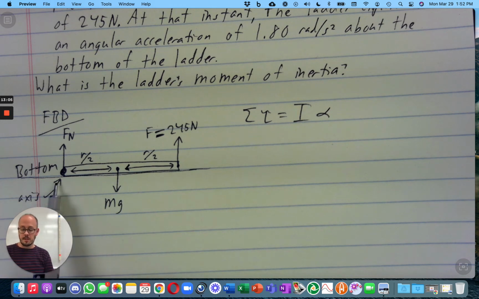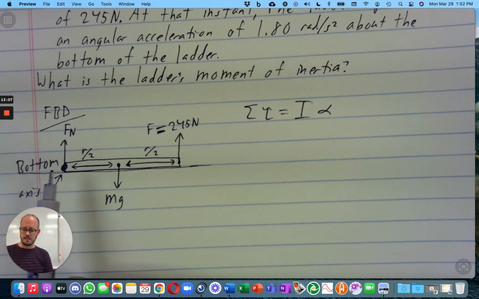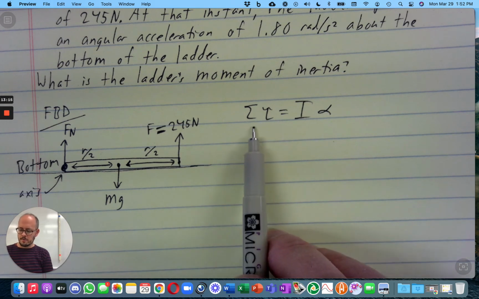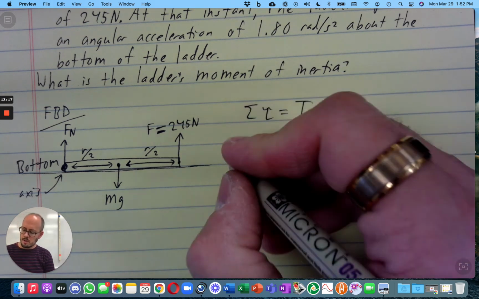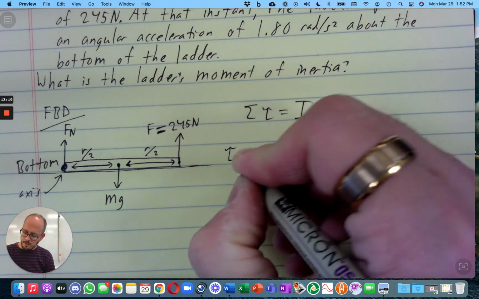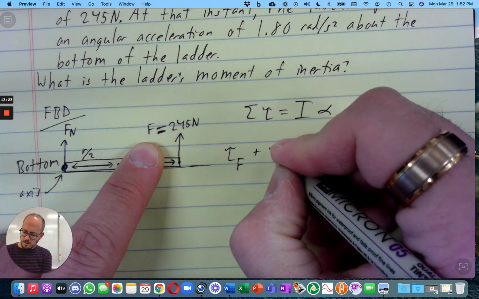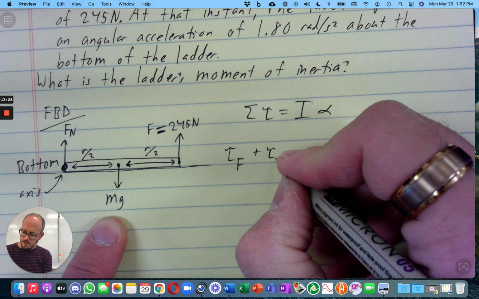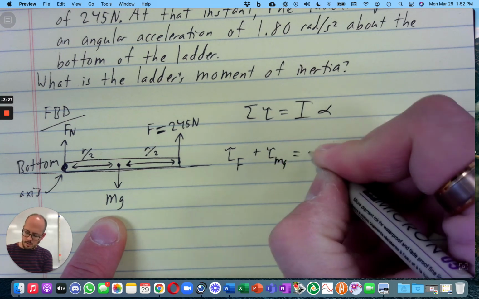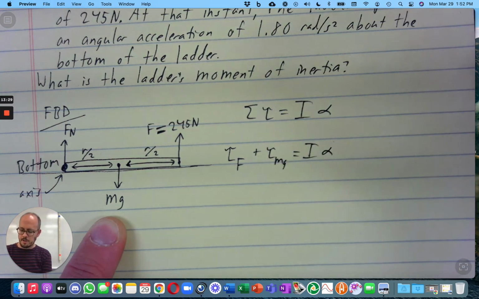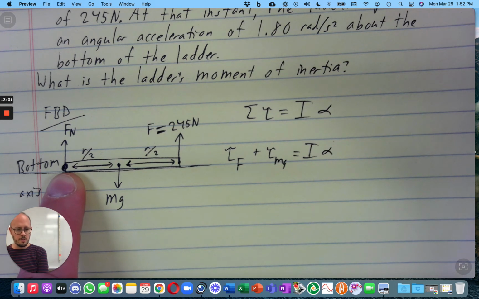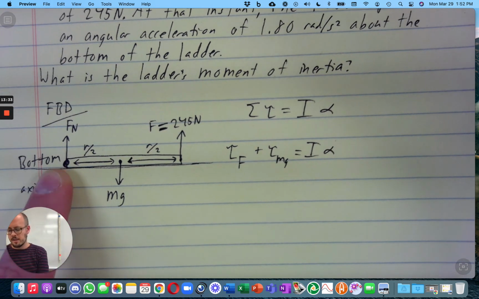There's even going to be a friction force, but what's nice is that it doesn't matter what forces there are, because any force at the axis produces a torque of 0. Okay, so as far as net torque is concerned, we need to add the torque due to force F and the torque due to mg, and that's going to be equal to I alpha. Again, I don't need to include the normal force because it's right at the axis of rotation.